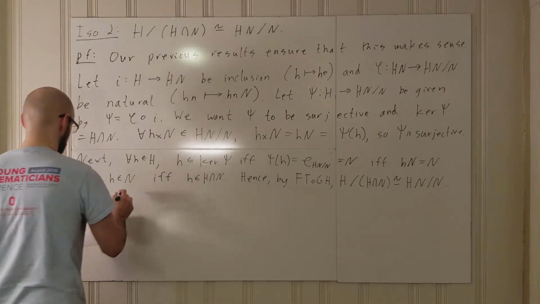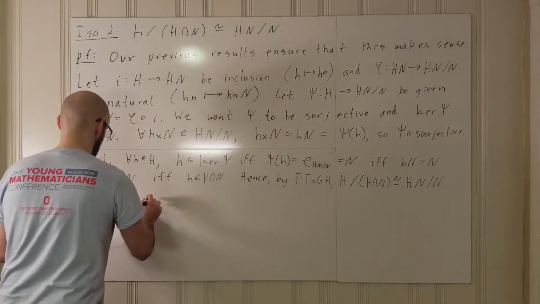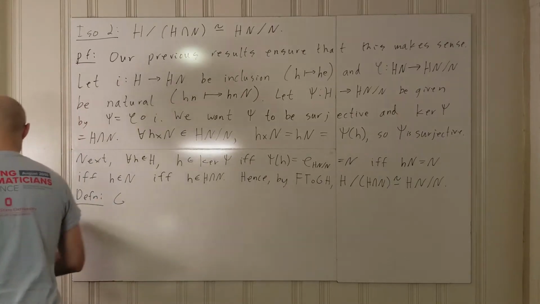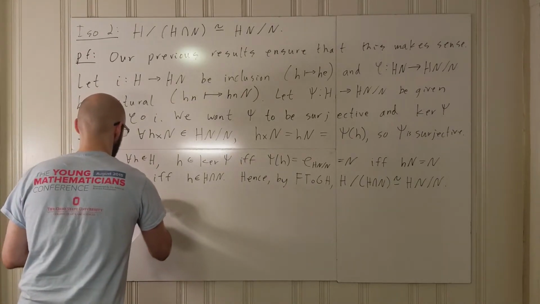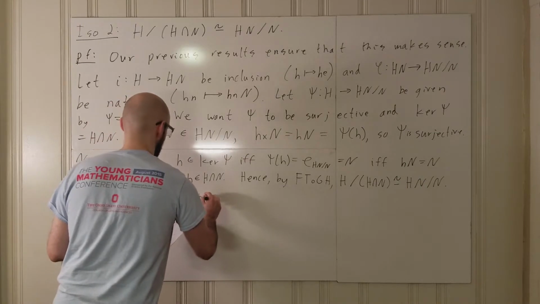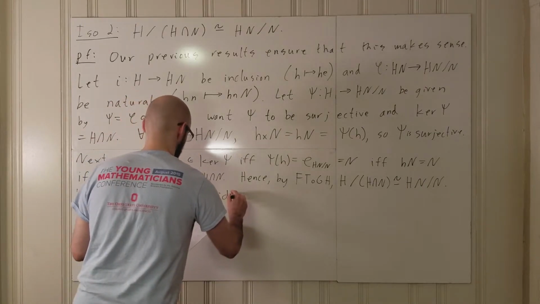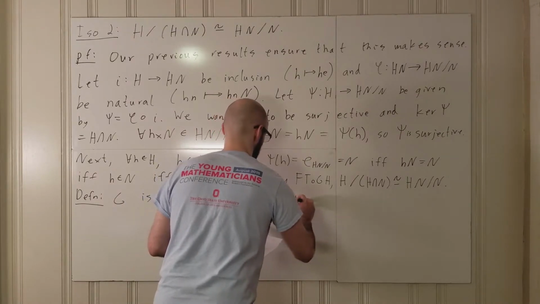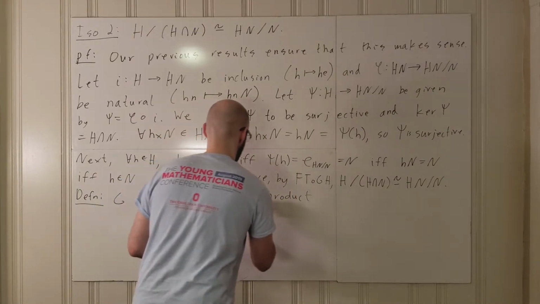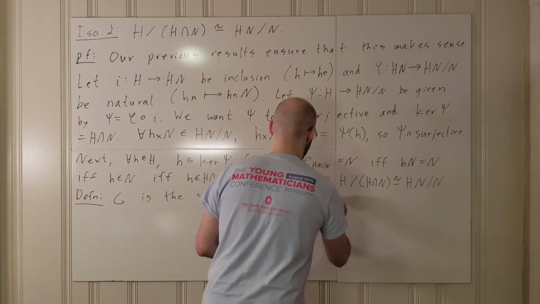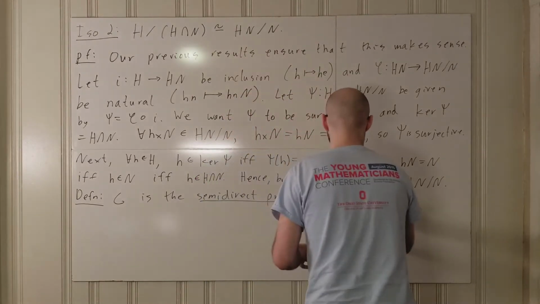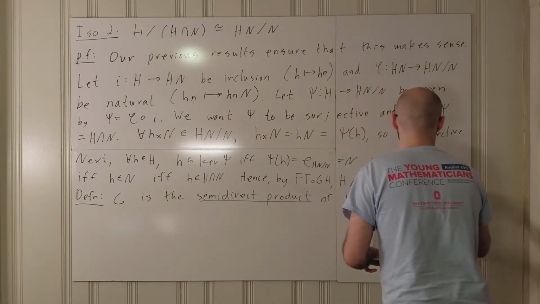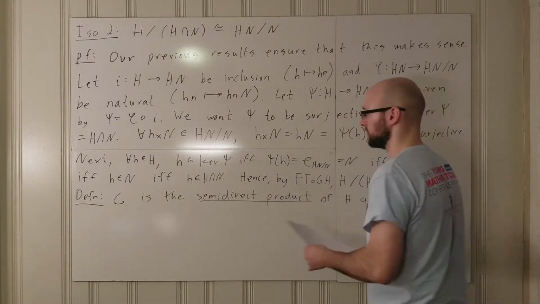So the definition: G is the semi-direct product of H and N, and we write that in a sort of strange way.